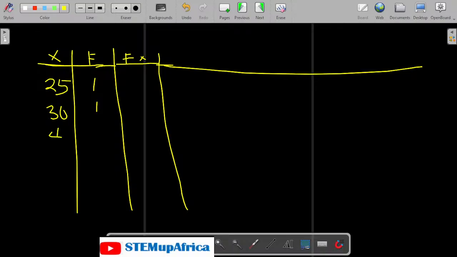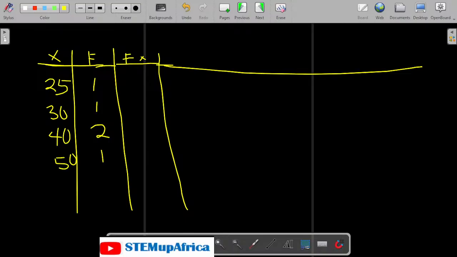The next one is 40. How many times does 40 appear? I'm having 1, and 1, so 40 is 2. I'll go to the next highest, which should be 50. How many times does 50 appear? Just 1.